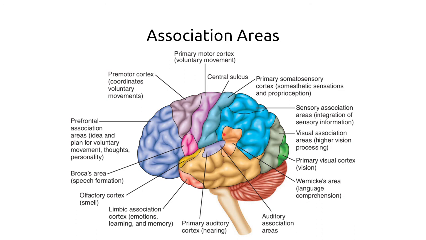The idea is going to be that these different areas are going to do some sort of associations between the information that's coming in from the various different primary areas. What's an example of this?